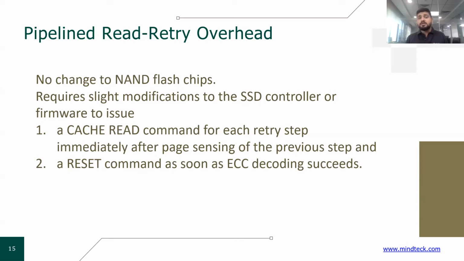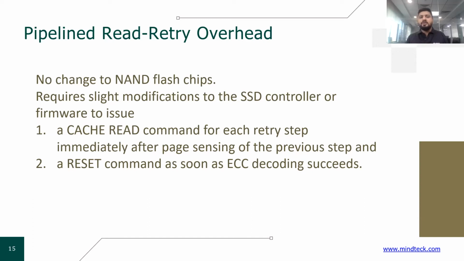But to implement it, we require a slight modification in the SSD controller, as we are talking about two new features: one is cache read, another is reset. To implement these two commands, we require a slight modification either in the SSD controller or in the firmware. So these are the overheads of implementing this pipeline read-retry mechanism.